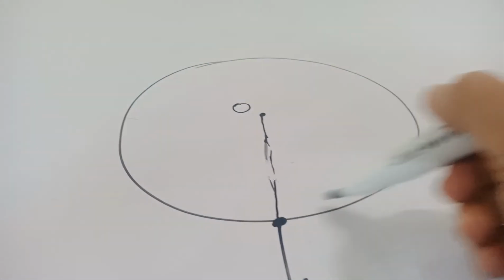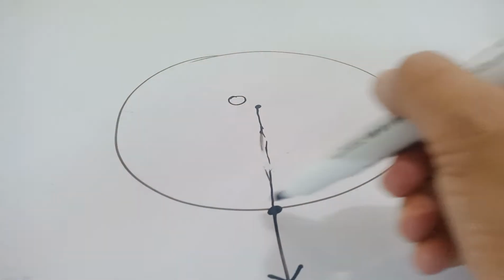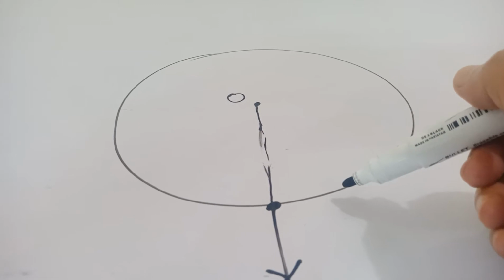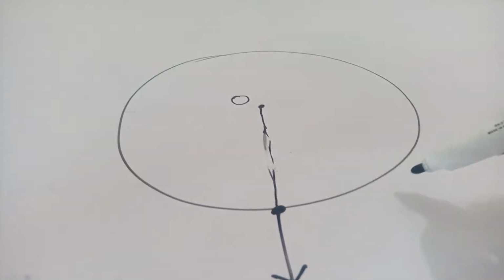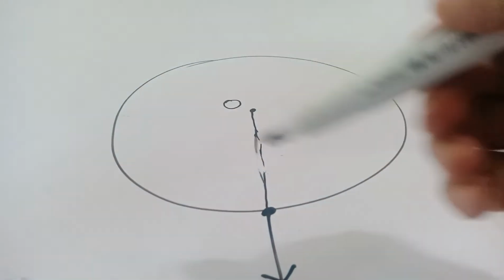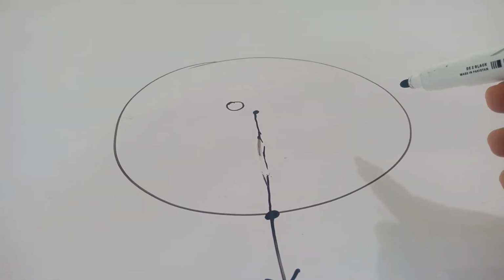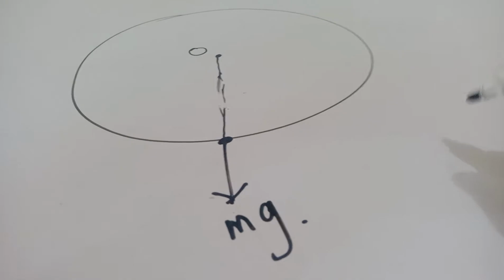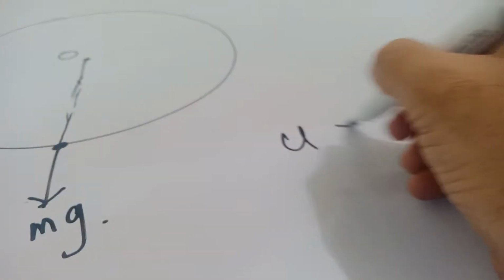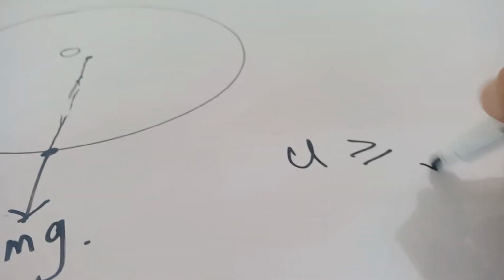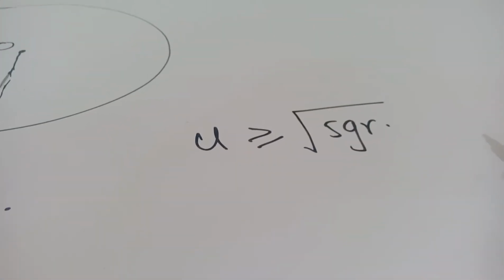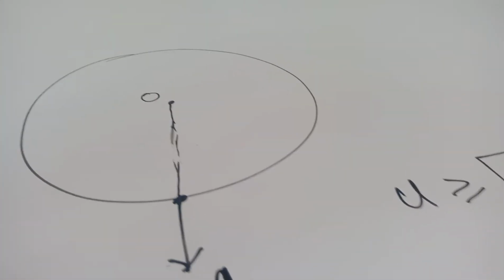So if you project it, you give this an initial push, you give it an initial velocity so that it starts moving in such a way that the string is taut. Okay, so the condition is that the initial speed should be greater than or equal to the square root of 5gr. Only then this will complete the vertical circles.